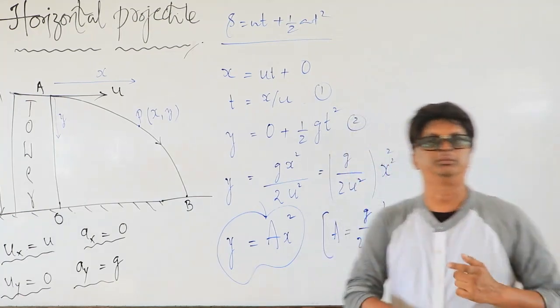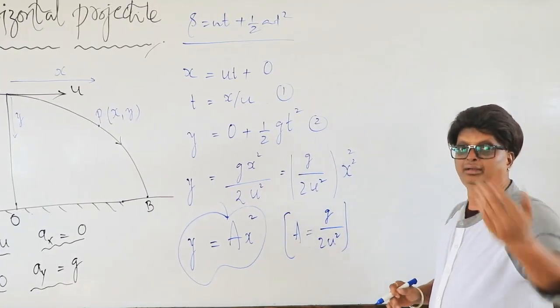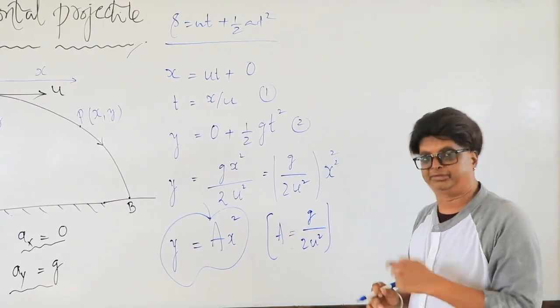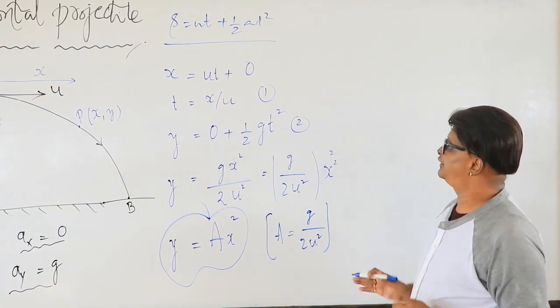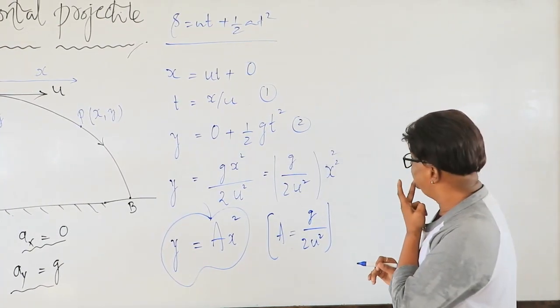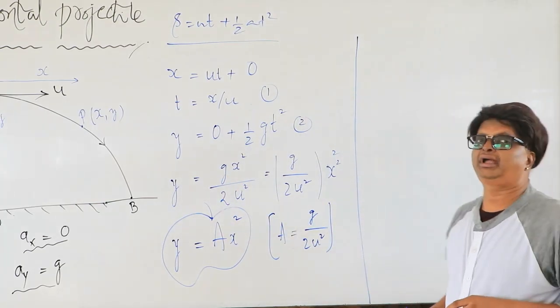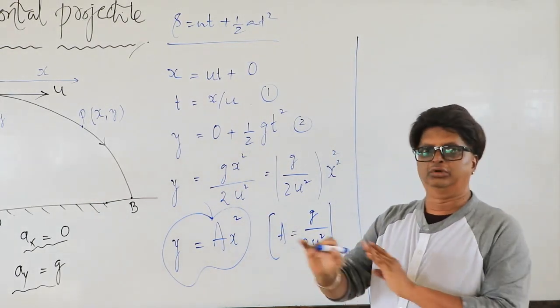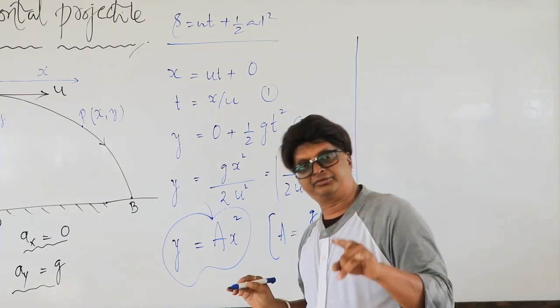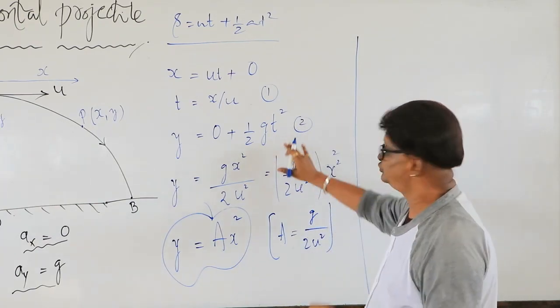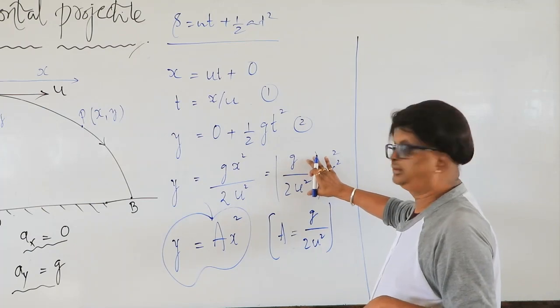We have to remember those constants for the next level of examples. So this is one thing: y is equal to ax square is the equation, and the trajectory is a parabola for horizontal projectile. Then you have to remember this expression.